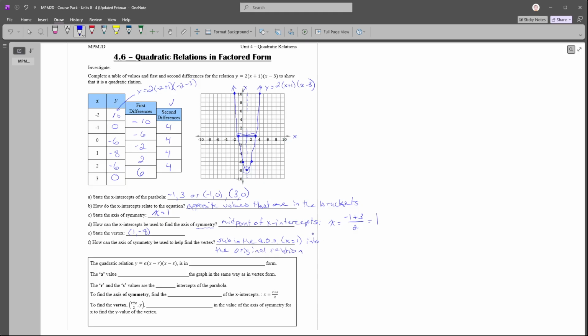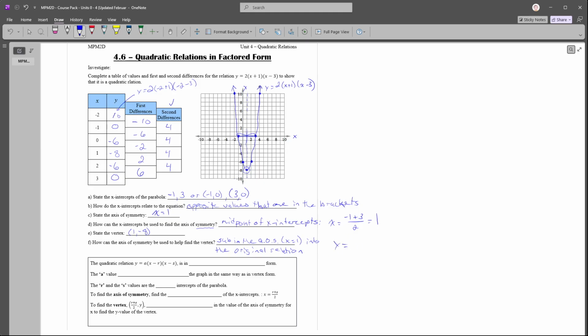This is nothing new. We've been calculating components of coordinates all semester long by substituting one value into our equations to figure out what the other value is. In fact, we did it in just the last lesson.